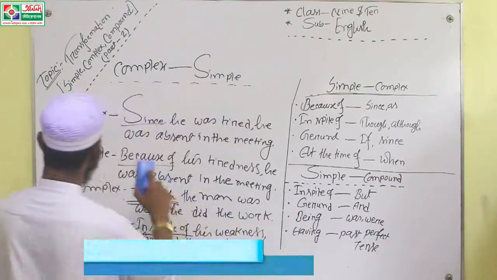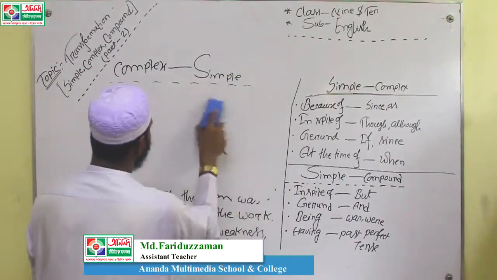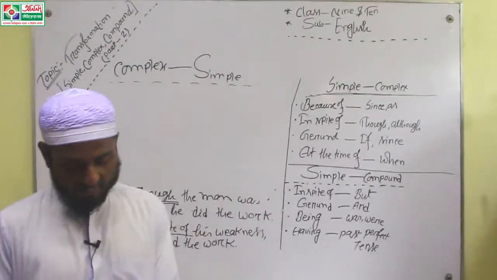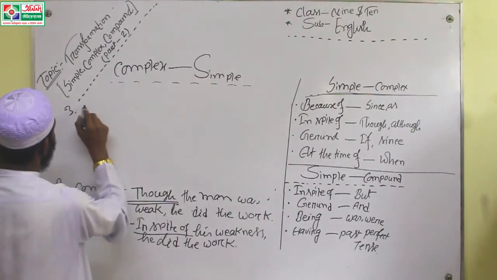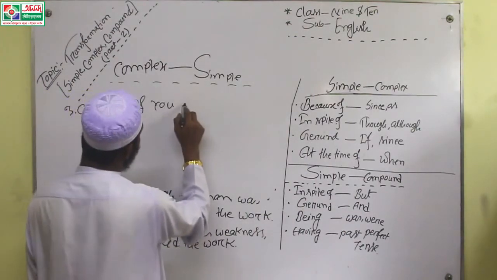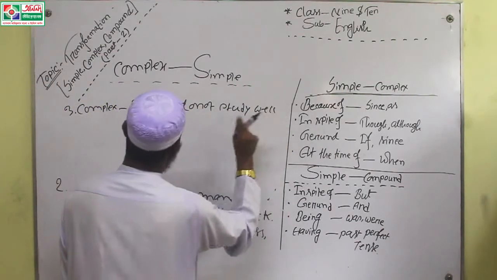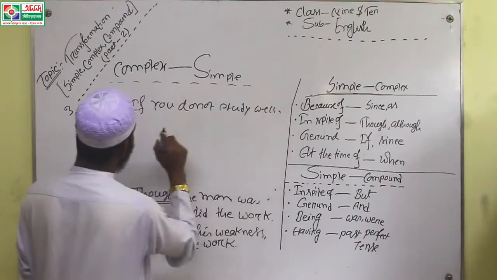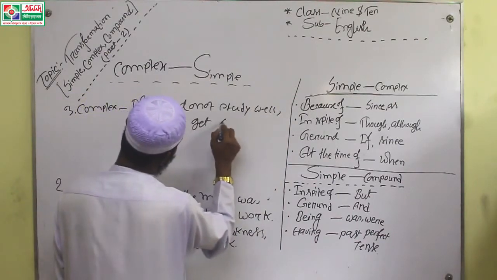Okay, next, another example for you. We are discussing complex to simple. Number 3, complex: If you do not study well, you will not get A plus.